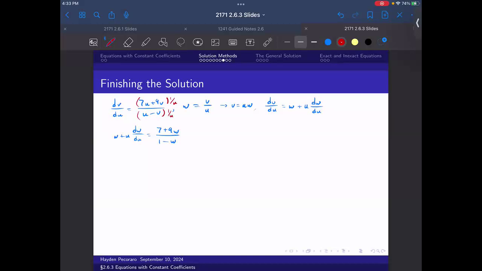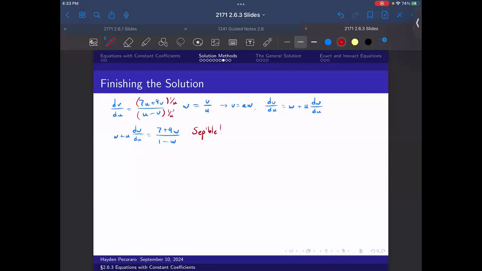And then what did this substitution turn a homogeneous equation into? Do you remember that one? It's one of our favorites, one of the easier ones. Separable, yes. So we end up with a separable equation.